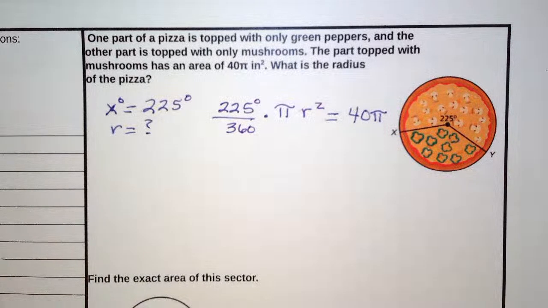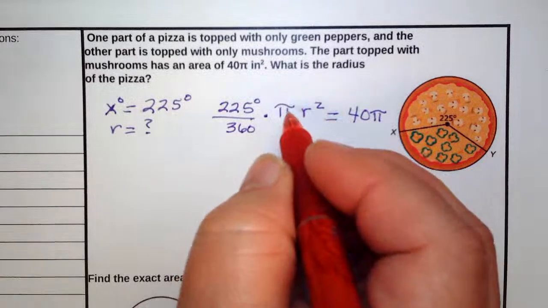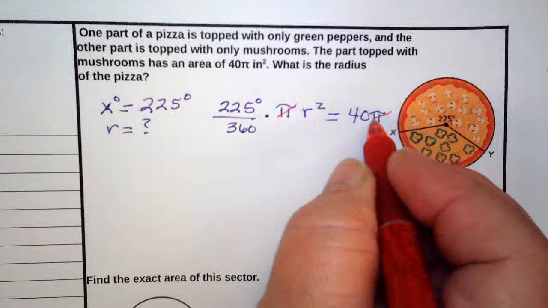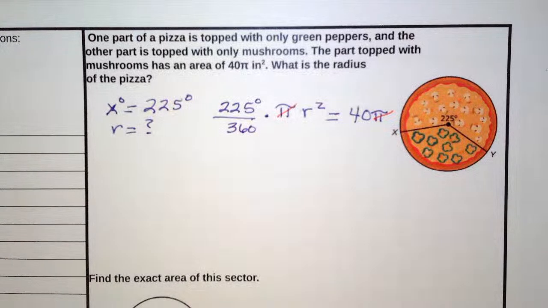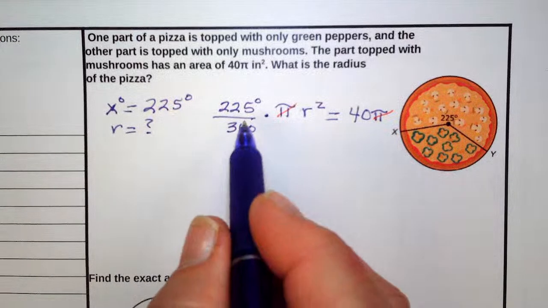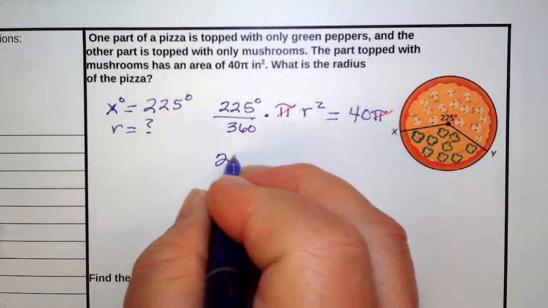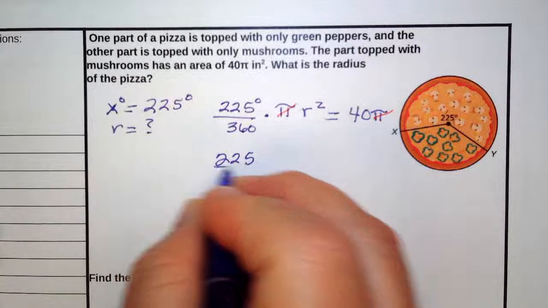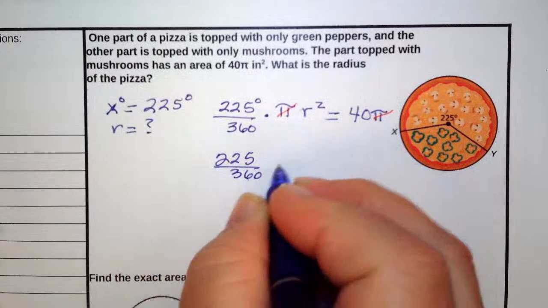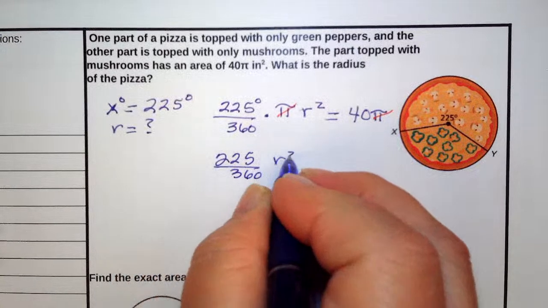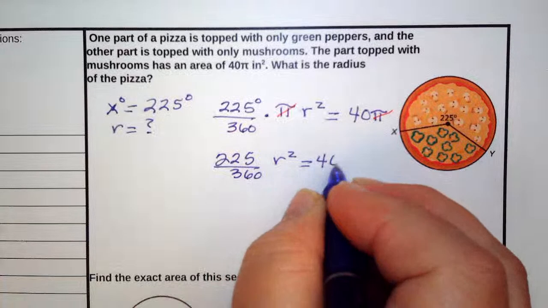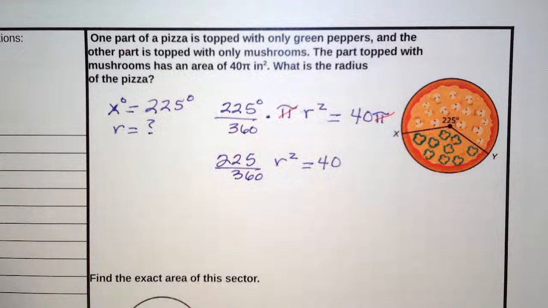Looking at this, what is the first thing I can factor out before I go any further? I can factor out the pi's because I've got pi on both sides. So 225 over 360 times r squared is equal to 40. We multiply by the reciprocal.